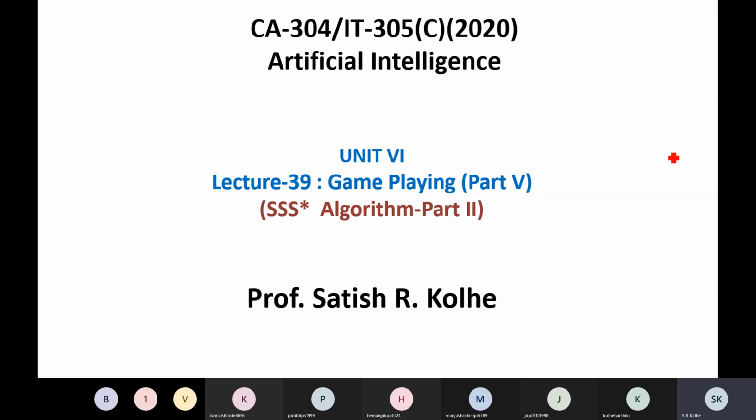Today we will continue our discussion on the SSS star algorithm, which is a game playing algorithm which uses heuristic information to carry out the search. We have seen in our earlier lectures that the alpha beta cutoff algorithm, which is efficient as compared to the minimax algorithm, has one problem, that it is sensitive to the order in which the moves are generated.